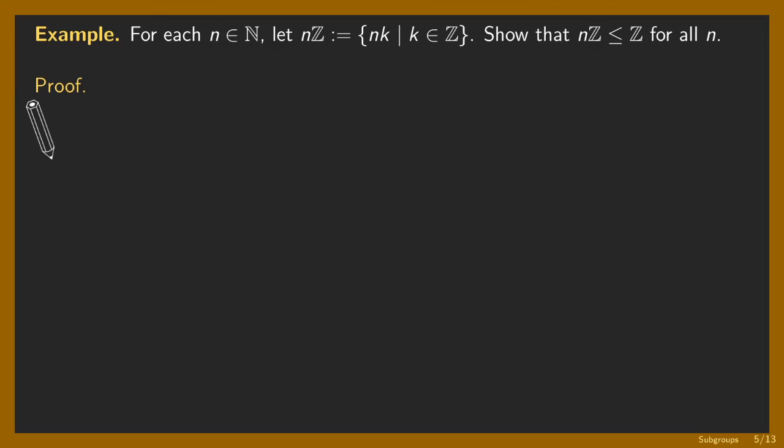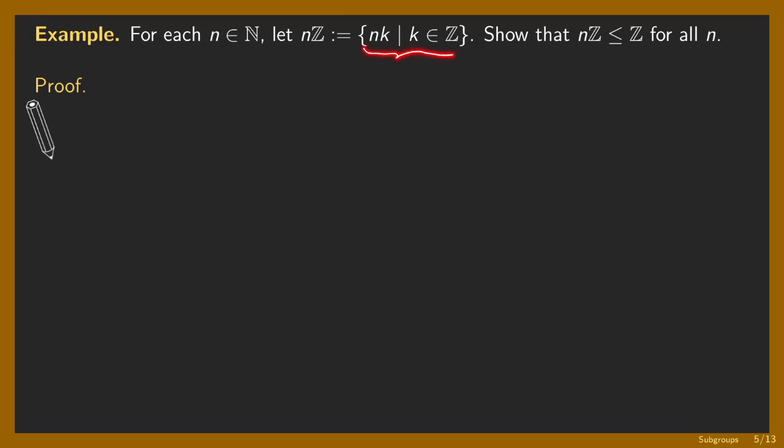Let us now consider this example. For each natural number n, let us denote by nZ the set of all the numbers of the form nk, where k is an integer. So for example, if n is 2, this set consists of all integers of the form 2k, where k is an integer, or the even integers.